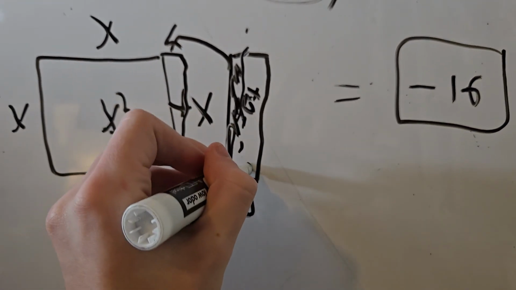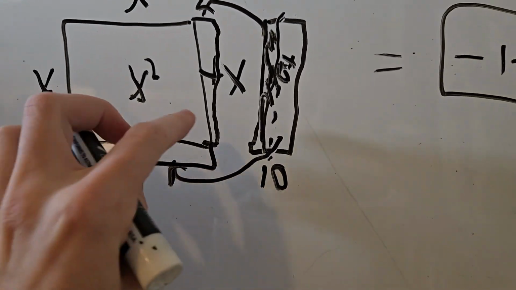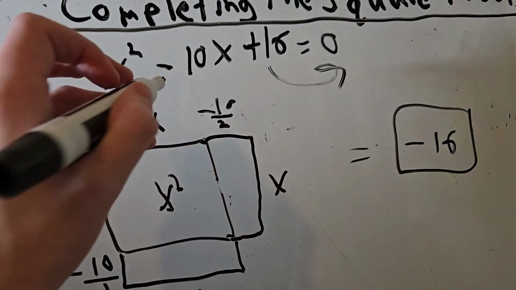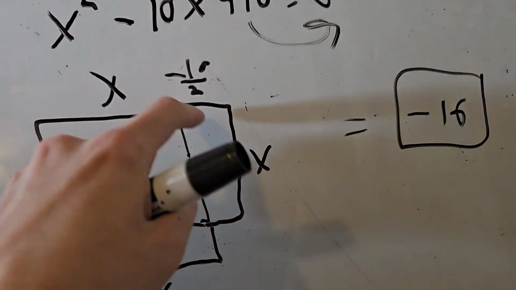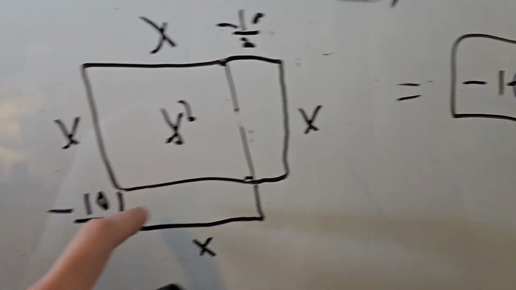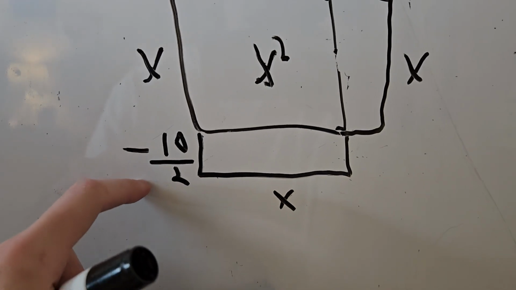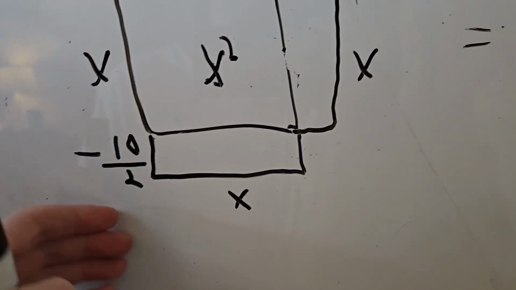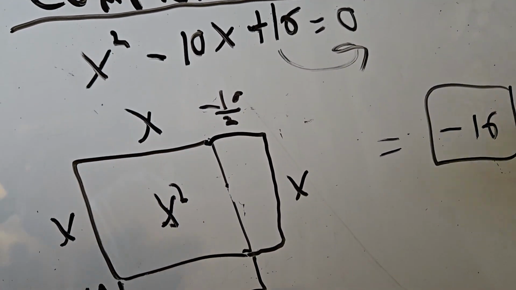Then we can imagine moving this section over here. So now this area is negative 10 over 2 times x. And this area is negative 10 over 2 times x. And if we added them back together, we still get negative 10x. So we're not changing anything here.